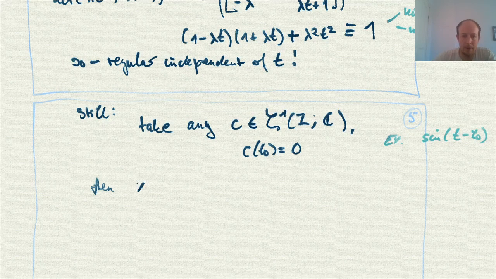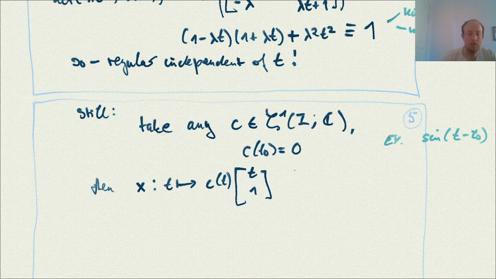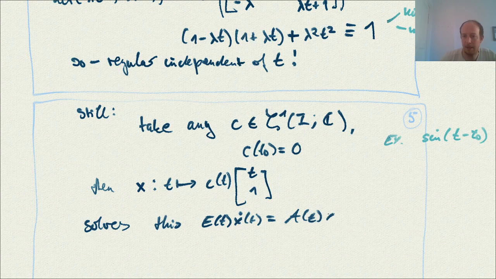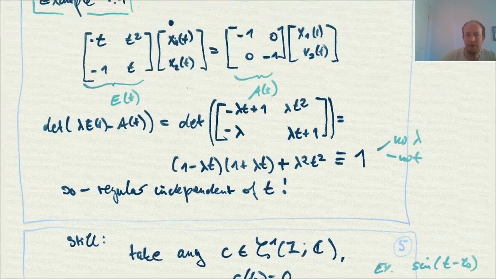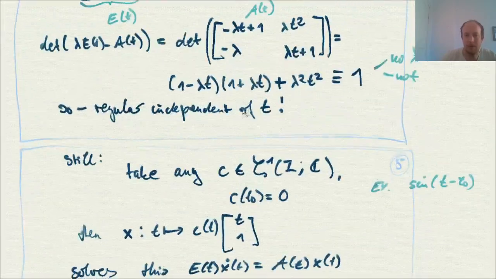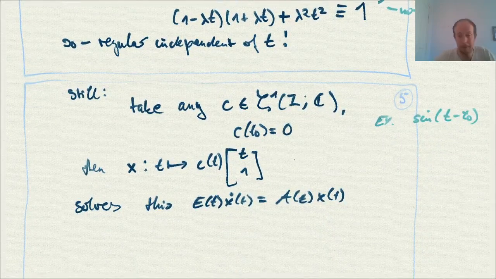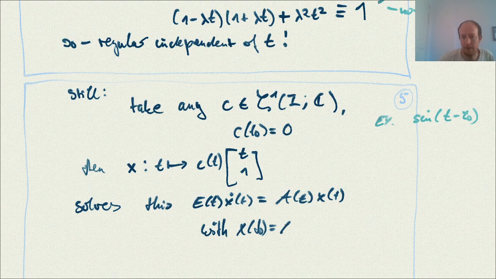And then the function x that takes t and maps onto c(t) times (t, 1) actually solves this, E(t) x dot(t) equals A(t) x(t), as we have with this E and this A. One can try to confirm this, but this is straightforward, and this means this solves this with x(t0) equal to 0.